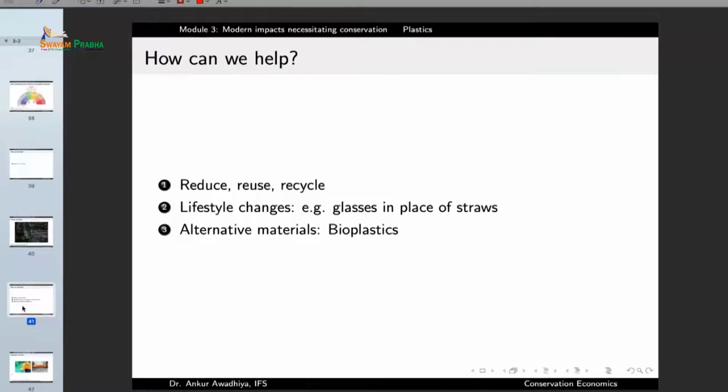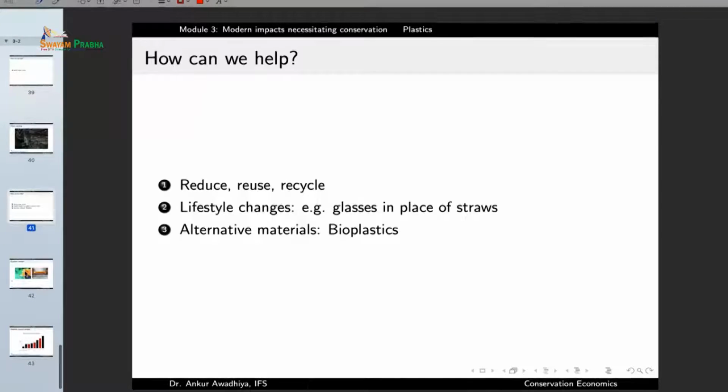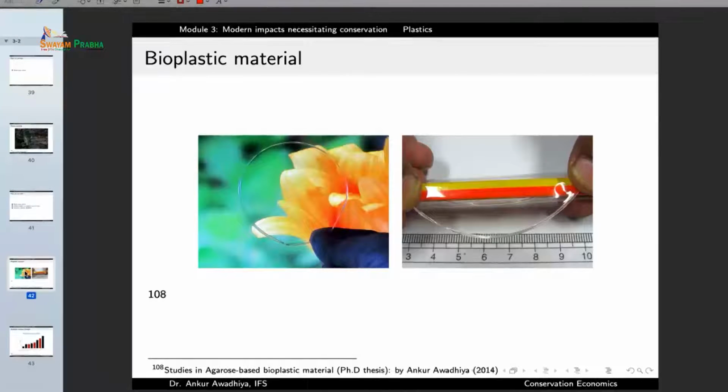Or we can induce people to go for lifestyle changes, use glasses in place of straws, or go for alternative materials such as bioplastics. So these days we also have biodegradable plastics that are made from natural products. They have very similar properties. Like this film of the bioplastic, it is completely transparent.